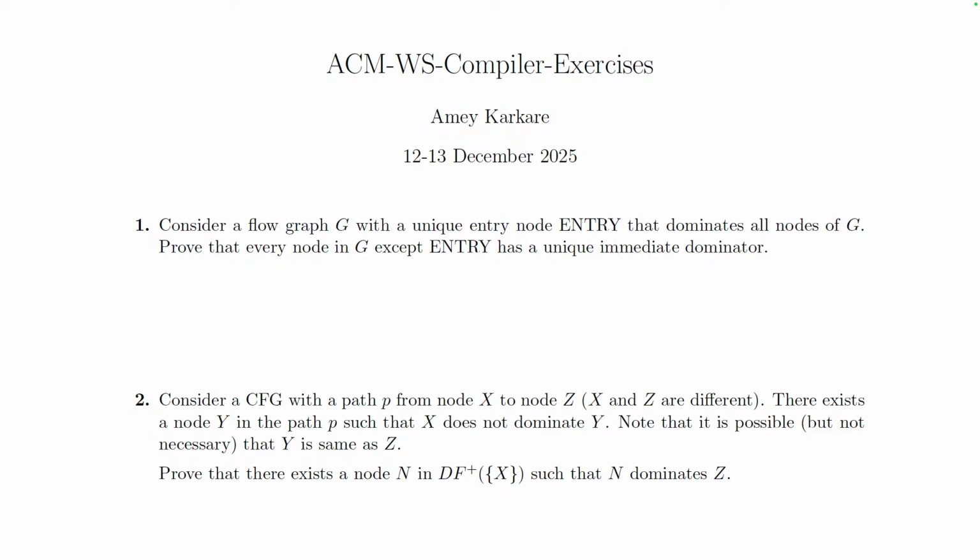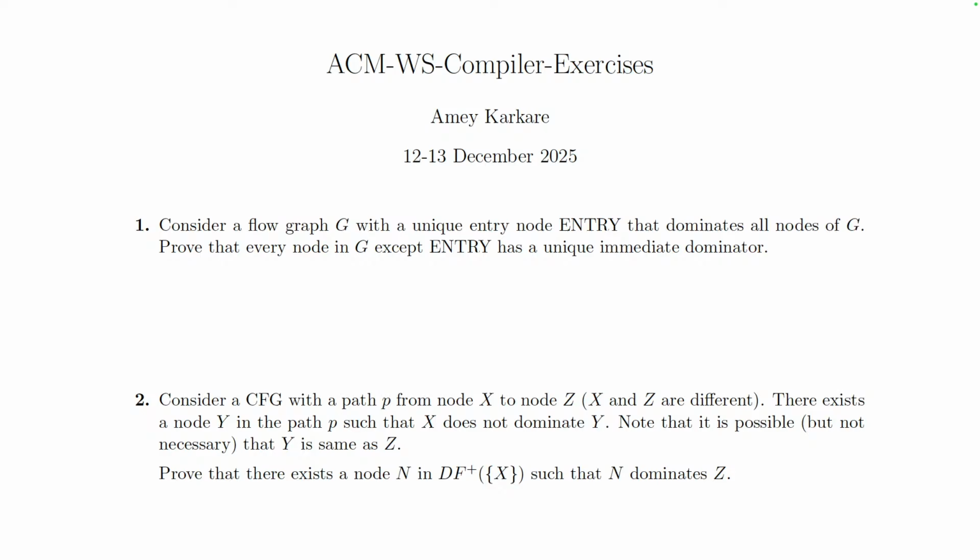So if we take node n in an arbitrary path from x to z, then on that path, we need a y which is not dominated by x. Arbitrary path, you won't be able to prove that.